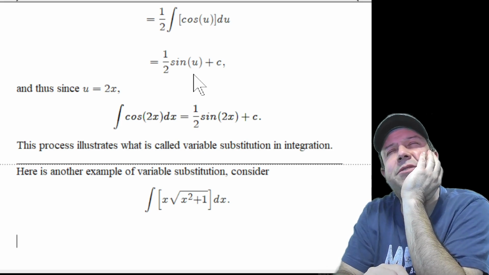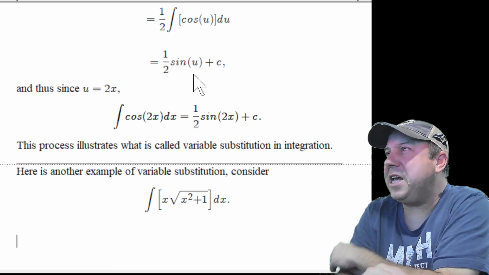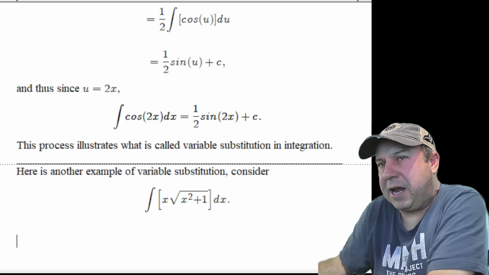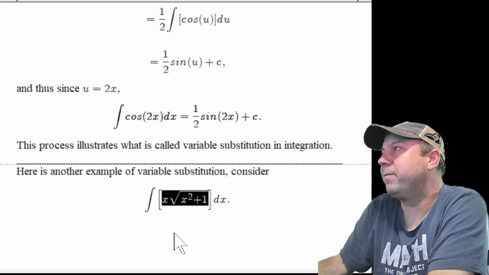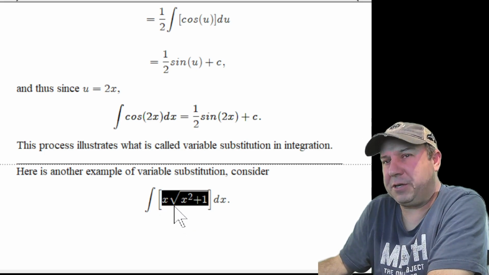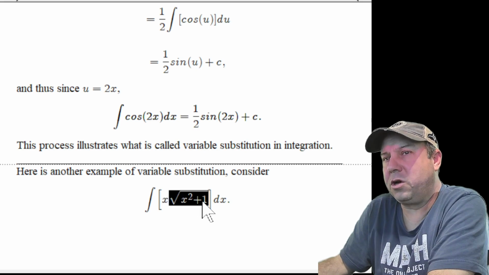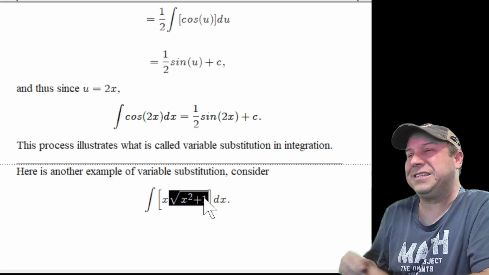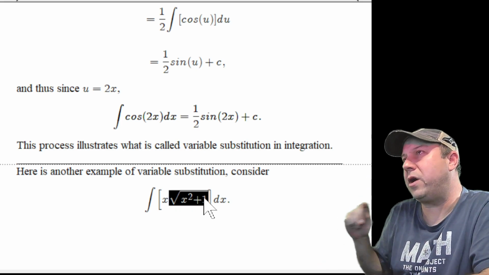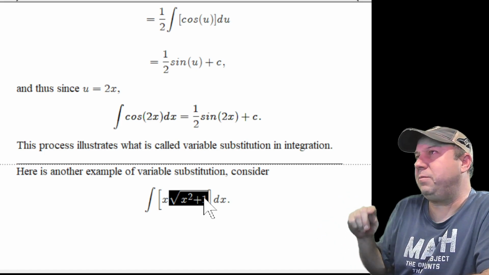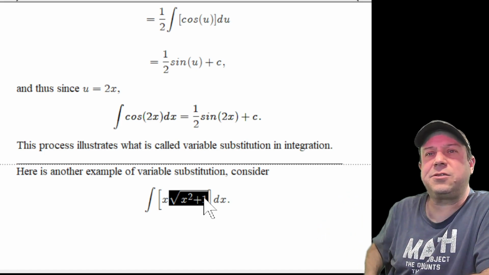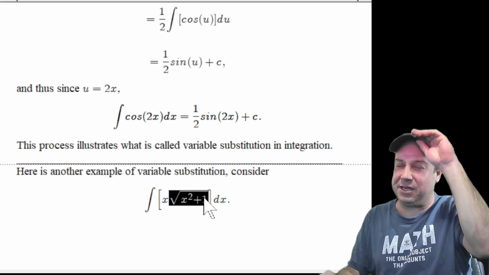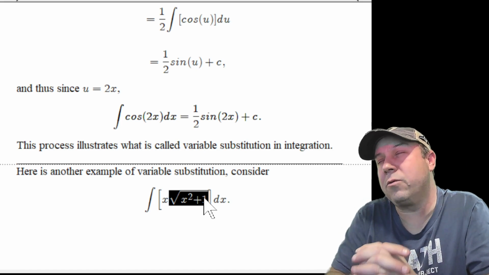Now in variable substitution, how it usually initiates itself is you want to look into your integrand, the argument of your integral here, and you want to look for a composition. That's really what you're going to highlight as a composition. And if you look at the square root of x squared plus 1, that is a composition between the square root function and the function given by the quadratic x squared plus 1. We're taking that quadratic and substituting it into the square root function.